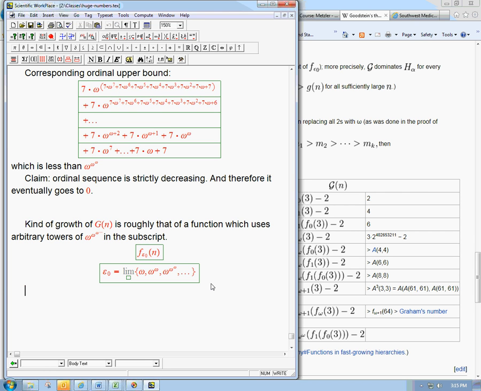And remember the punchline. Why are we so interested in the Goodstein sequence? It's that we know, using ordinal arithmetic, that g of n, this function, is well defined because the sequence terminates. But Peano arithmetic can't prove it.